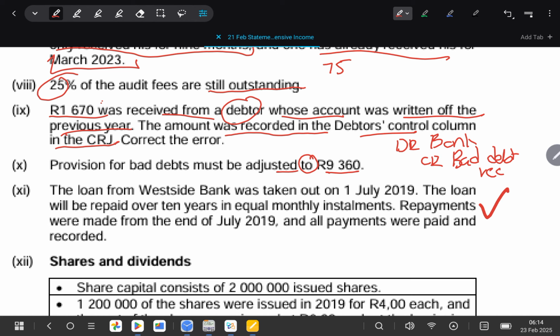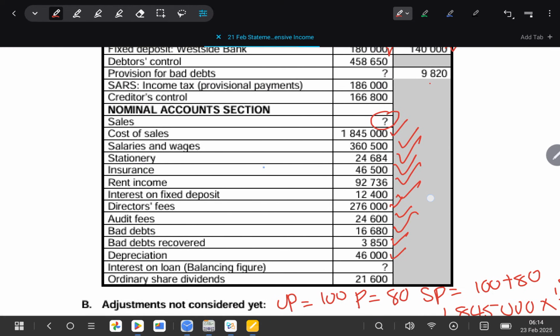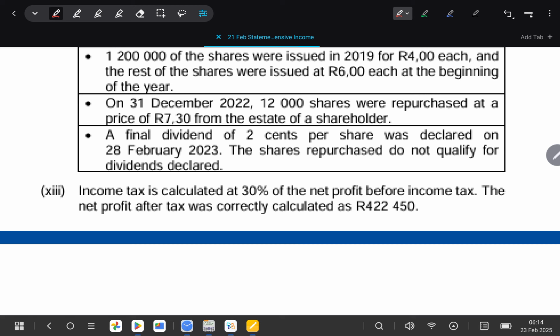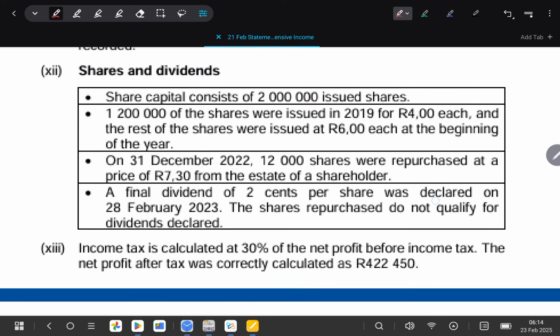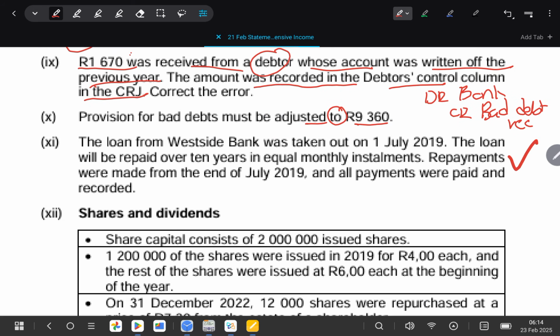So I'm not going to go through it because we are not doing balance sheet. Remember, on the question paper, there's a section whereby they told us that the interest on loan is our balancing figure. So we are interested in the interest on loan, and also this one about shares and dividends affects the balance sheet, so we will not use it for that.